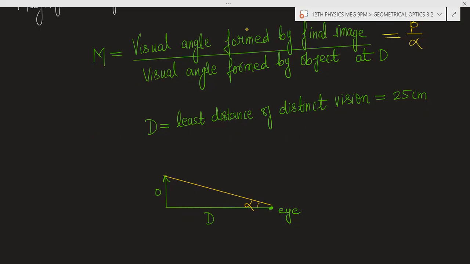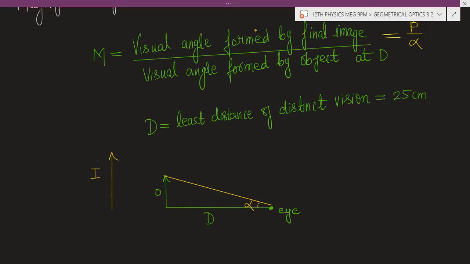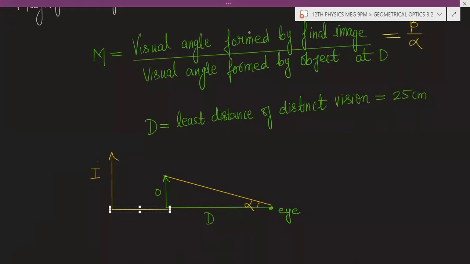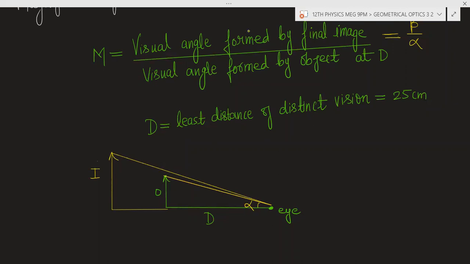Or if the image is forming like this, for example, suppose this is the image, then we will join this like this, and this angle will be the angle beta.